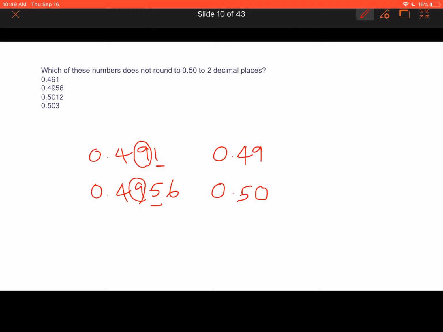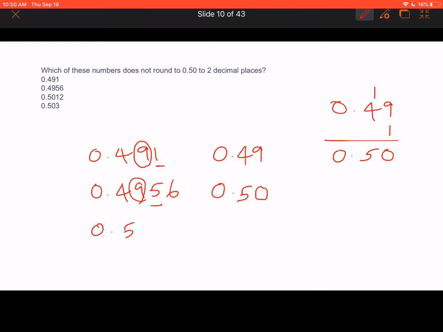This is another example where I want to show what happens when the digit we are adding to is a 9. It's like a normal addition: in 0.49, in that place we want to add a value of 1, so there will be a carryover to 5. That is what happens when such a situation comes.